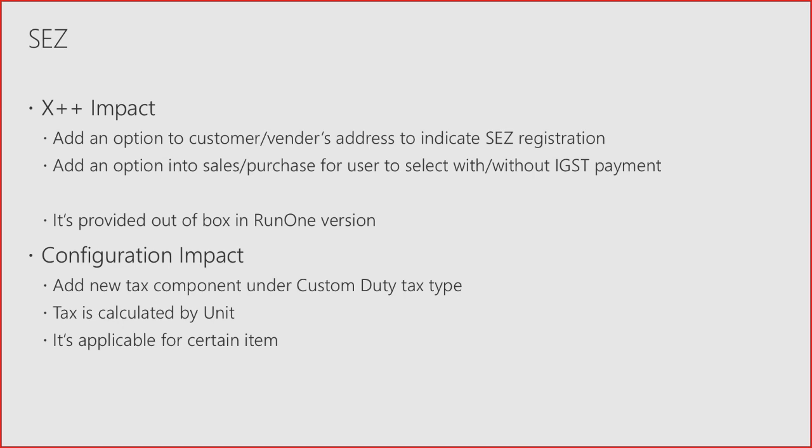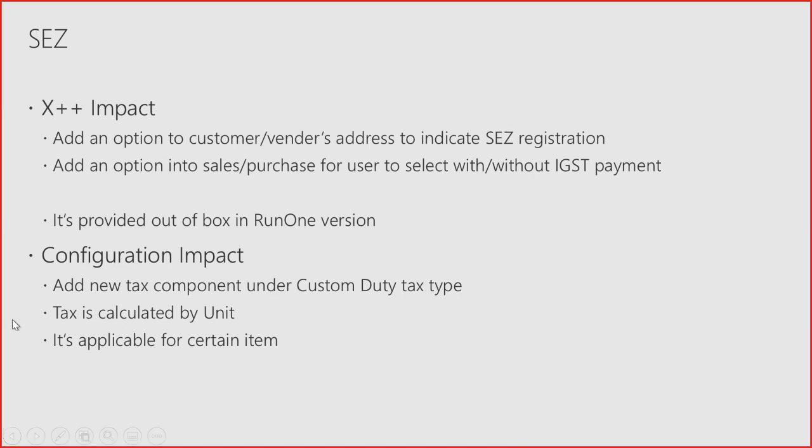That is also acceptable. Another change is that we have two ways to make sales to SEZ. So we need to add an option for you to decide whether you want to make a sale to SEZ with payment or without IGST payment. So we also need to add an option to the sales or purchase dialog box or form to let the user decide which way he wants to make supply to SEZ.